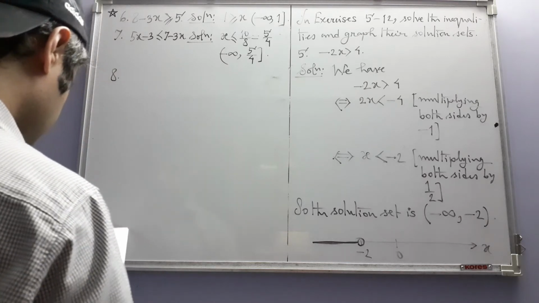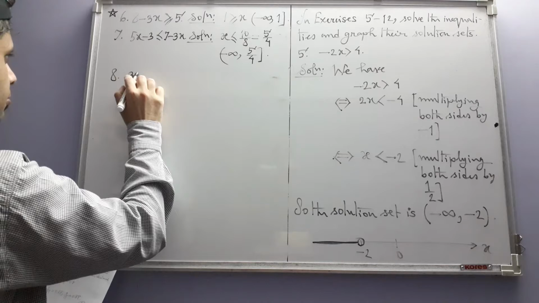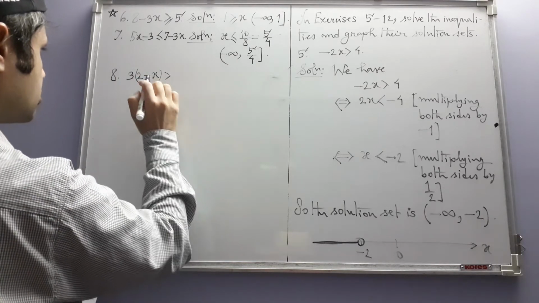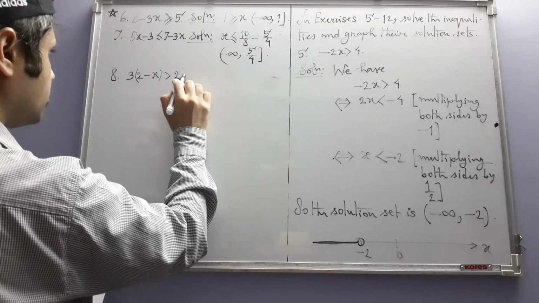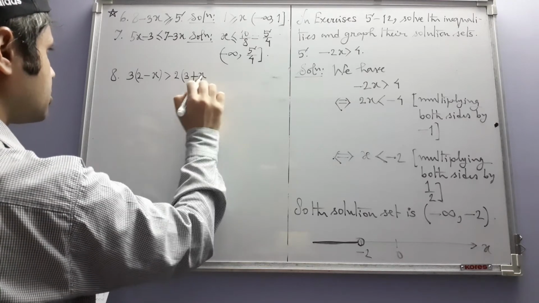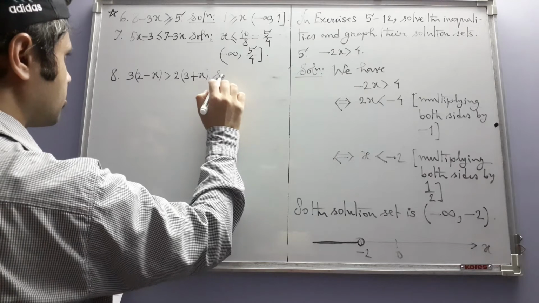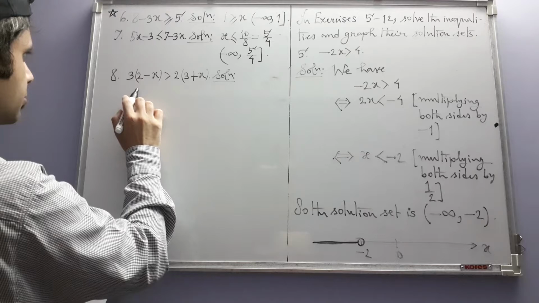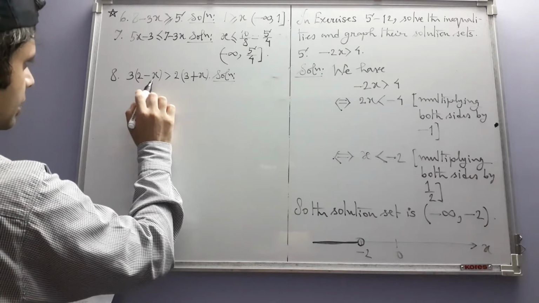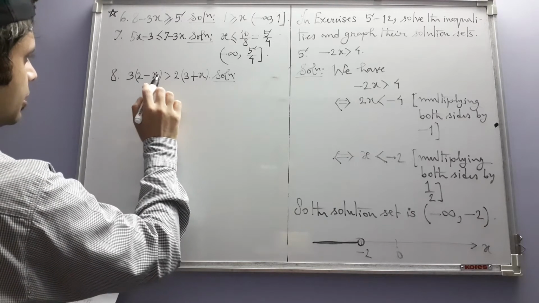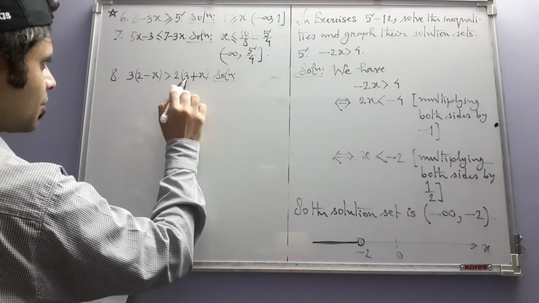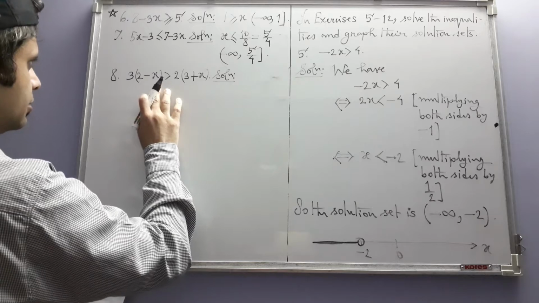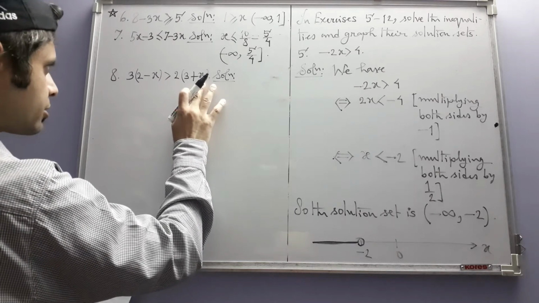Then 8, 3 times 2 minus x is greater than 2 times 3 plus x. So here what shall we get? 6 minus 3x is greater than 6 plus 2x. Okay, minus 3x on this side and 2x on this side.